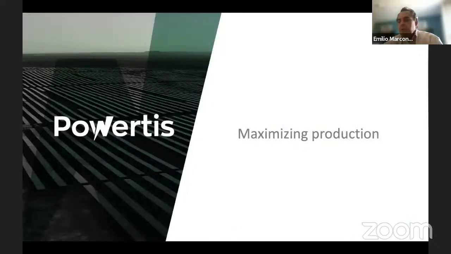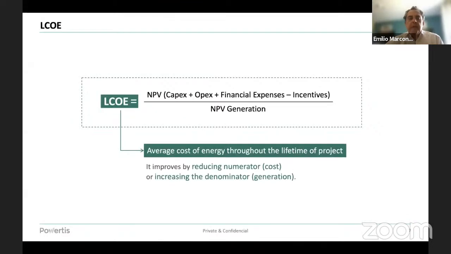But today, what I'm going to discuss is how we optimize generation from the development point of view. And in order to do that, we have a very careful analysis of technology and design.